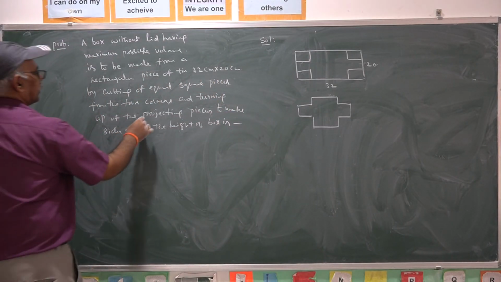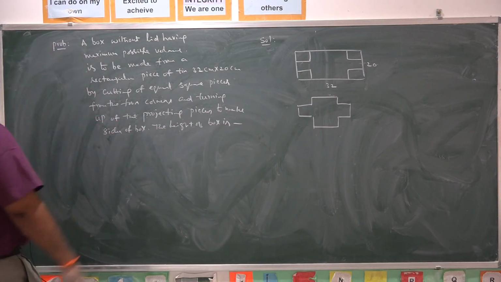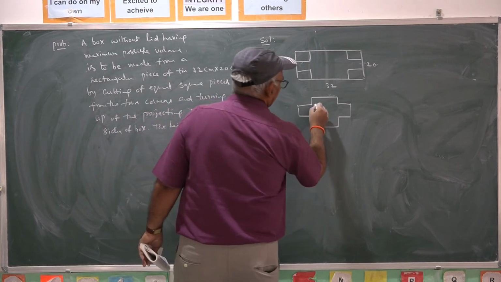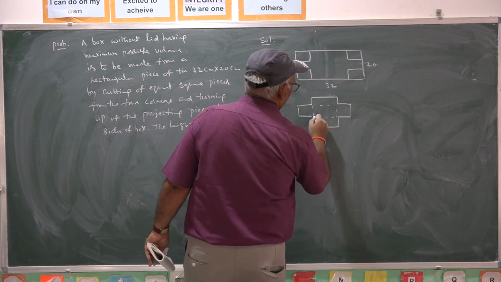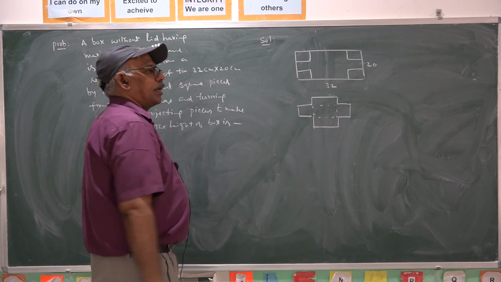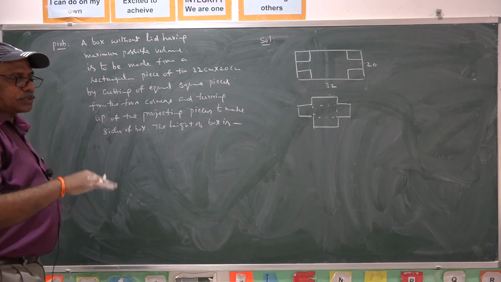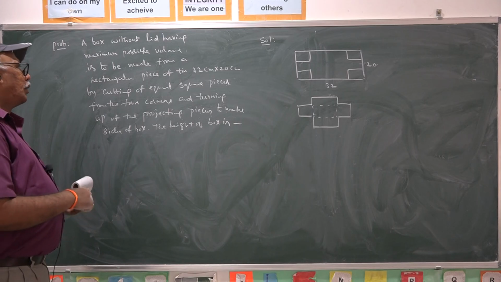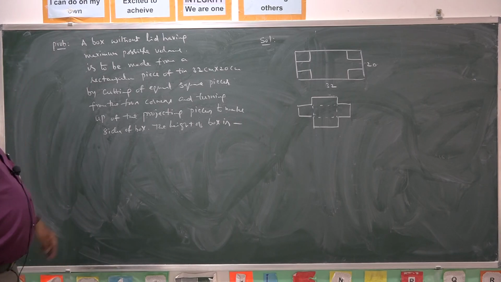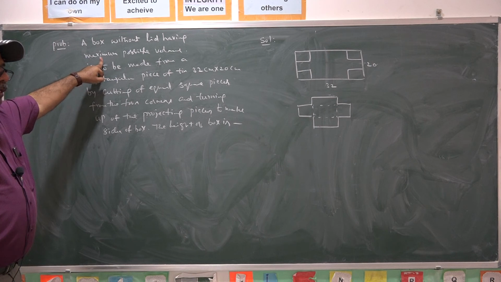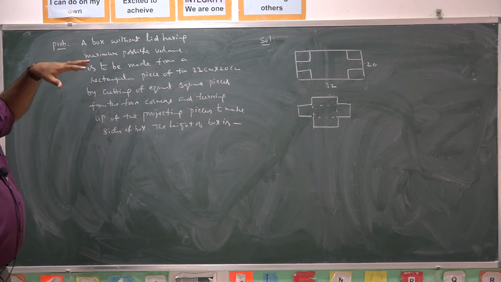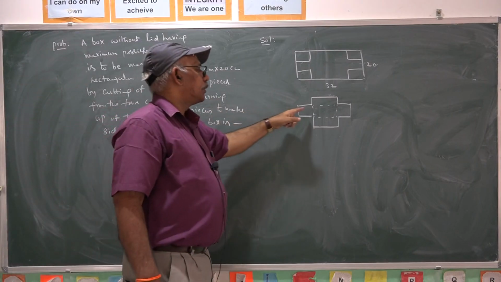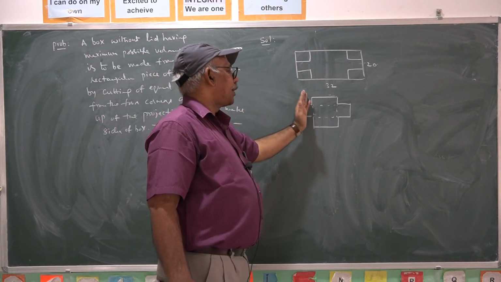Then you can construct a topless, open box. Once the open box thus constructed has maximum possible volume, what is the height of the box?